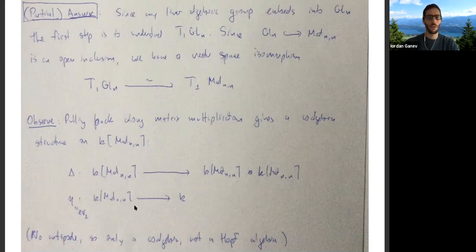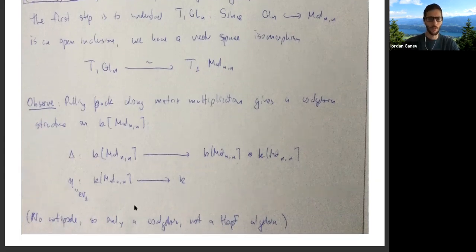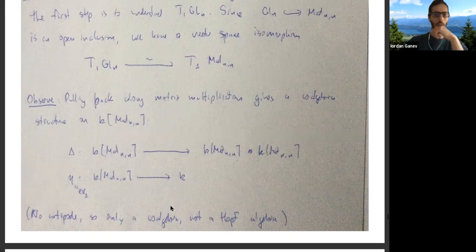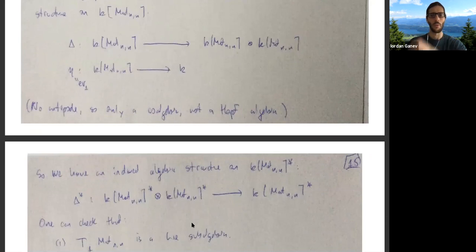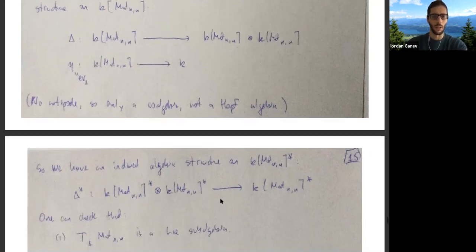So this is only a co-algebra, not a Hopf algebra. We have all the axioms of a Hopf algebra except for the ones involving the antipode. But it all works out, and we have an induced algebra structure on the dual space of the affine algebra, just like we saw before.